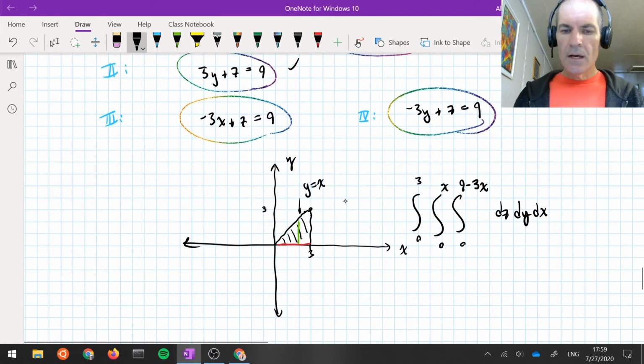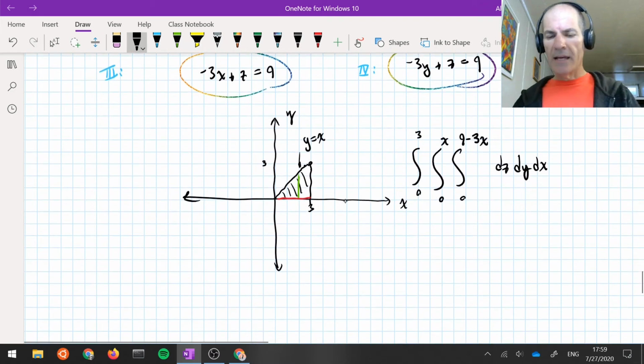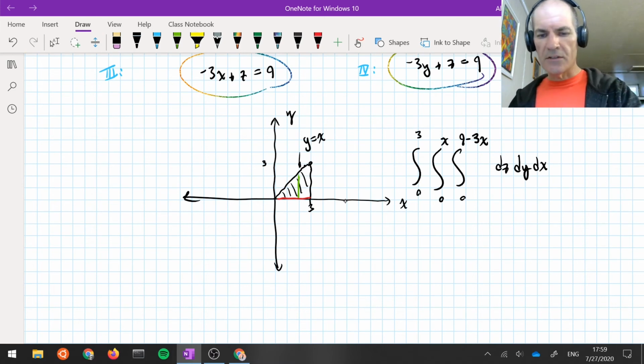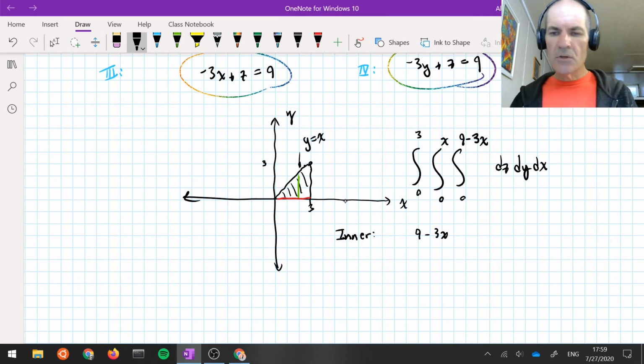Okay. So this is an integral that I think we can do by hand. It's a relatively simple integrand, so for the sake of practice, let's do this one by hand. The inner integral is with respect to z, and we integrate from 0 to 9 minus 3x. So the inner integral is just 9 minus 3x. How do I do that so quickly?